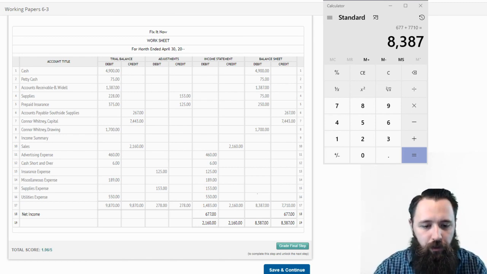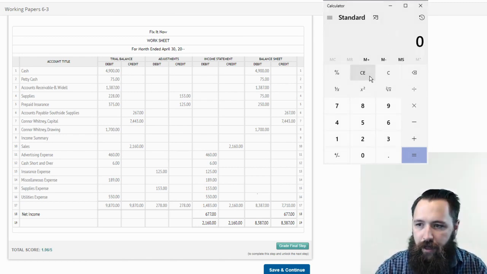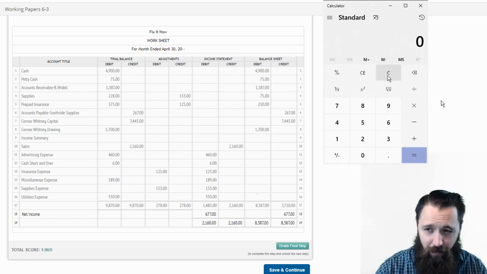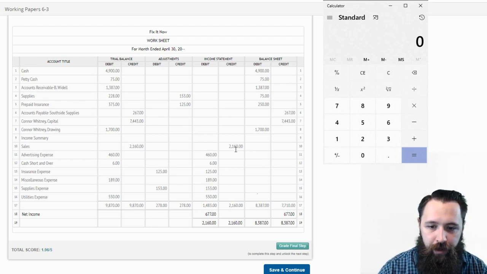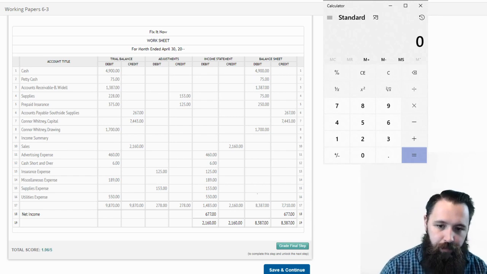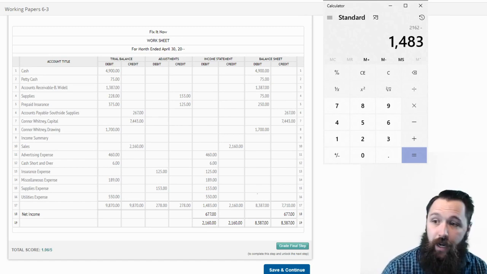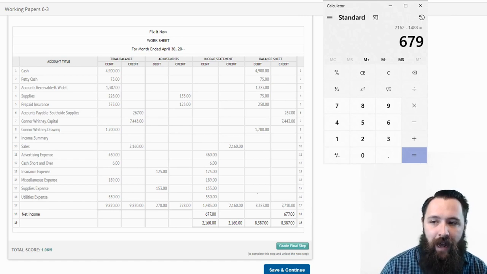Just so we can use my mistake as an example here, what would happen, if you guys remember the little mistake I made where I put a 2 here? What would happen if I had 2,162? So let's go 2,162, because that was the mistake that I had, minus the 1,483. Well, it'd be equal to 679.